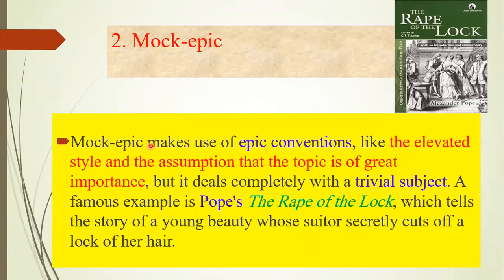Mock epic makes use of epic conventions, يستفاد أو يمتاز بنفس صفات الملحمة الحقيقية, like the elevated style and the assumption that the topic is of great importance. وأيضا يعتقد المشاهد أو القارئ أن الموضوع مهم, but it deals completely with a trivial subject. لكن موضوع الملحمة هنا هو موضوع تافه.